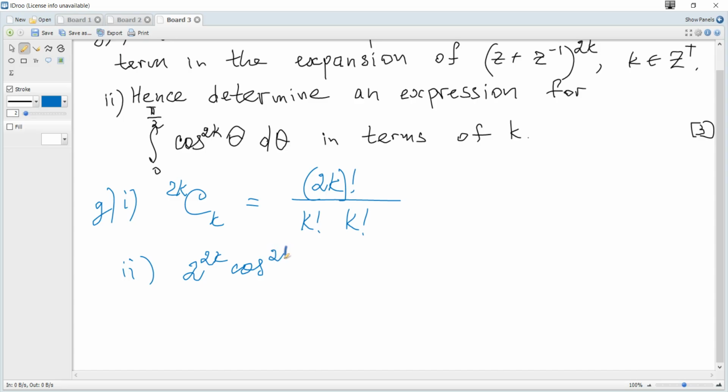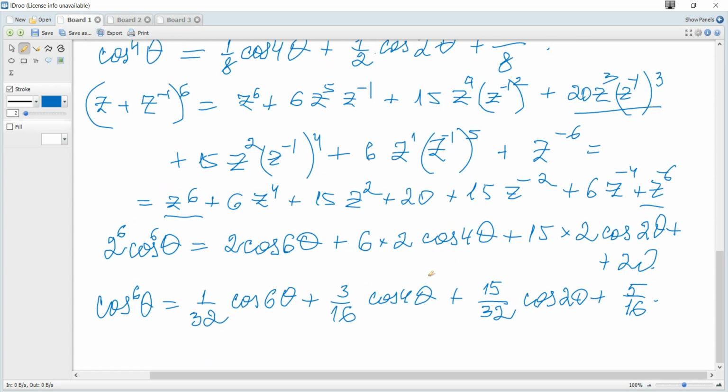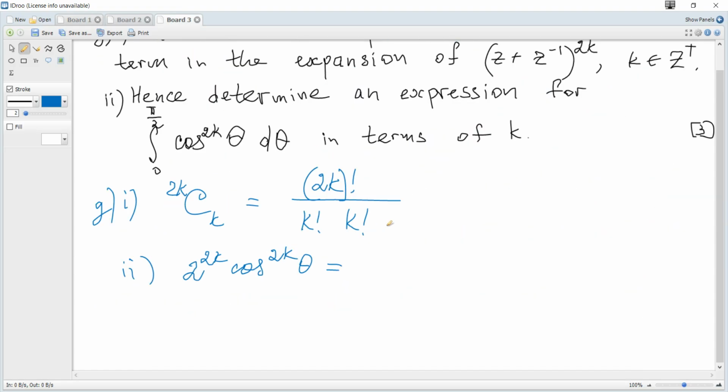cosine to the power 2k of theta is equal to, again, all zeros except the constant term, and the constant term is this. Constant plus something cosine of even arguments, and plus the constant term.